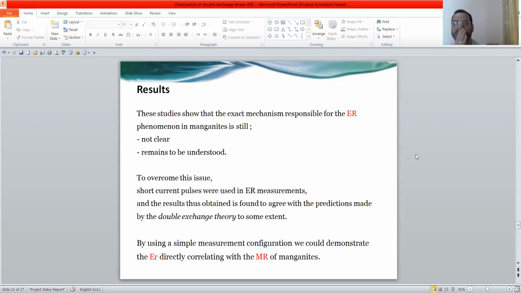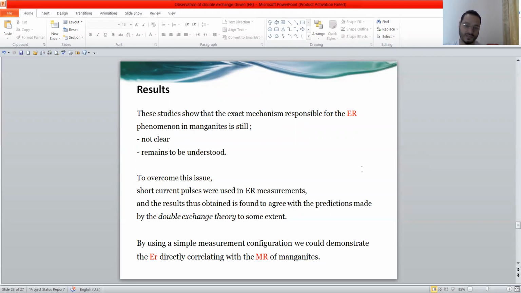I'm talking about the electric resistance when this measurement configuration could demonstrate the electric resistance directly with the magnetic resistance of manganite, by using this article and benefiting from all of this information, by focusing on this work results from the structure.